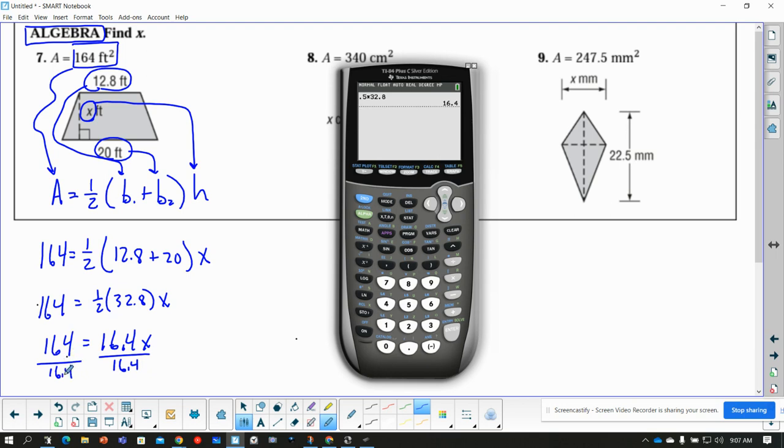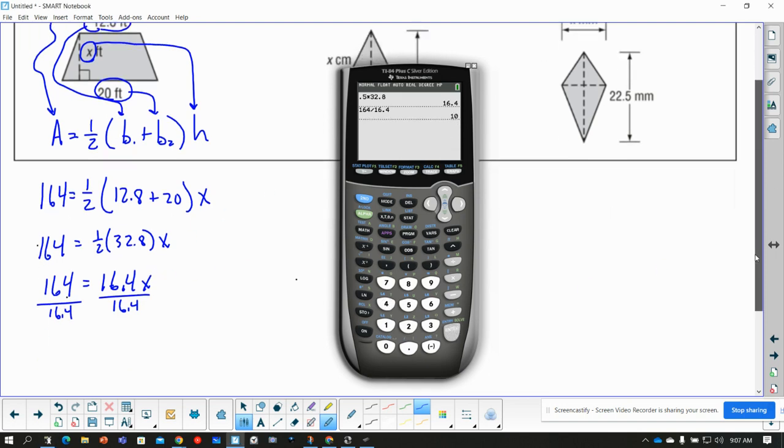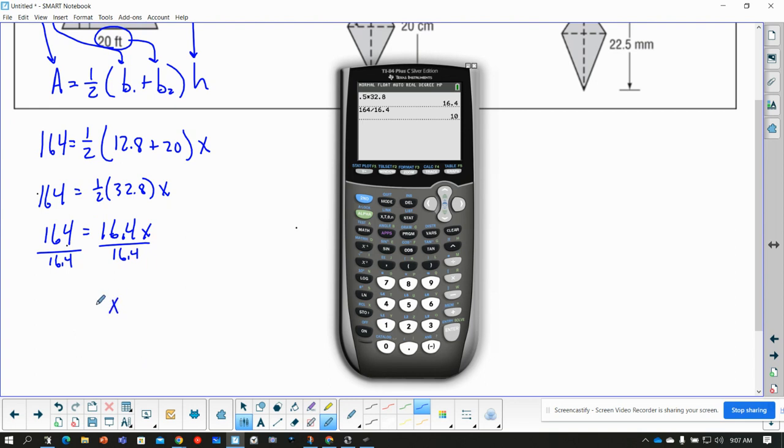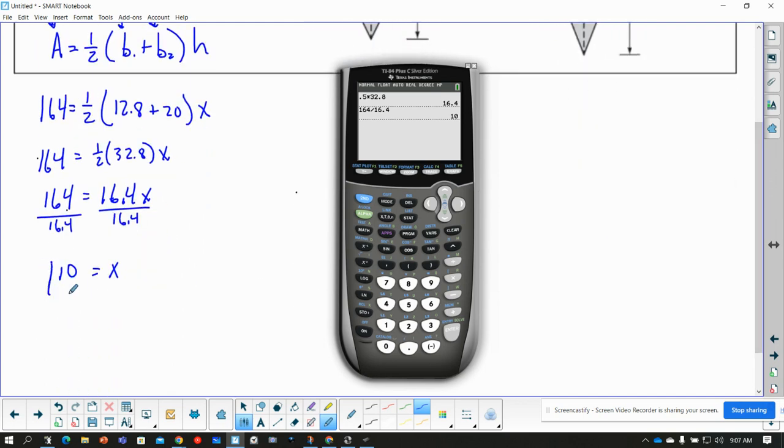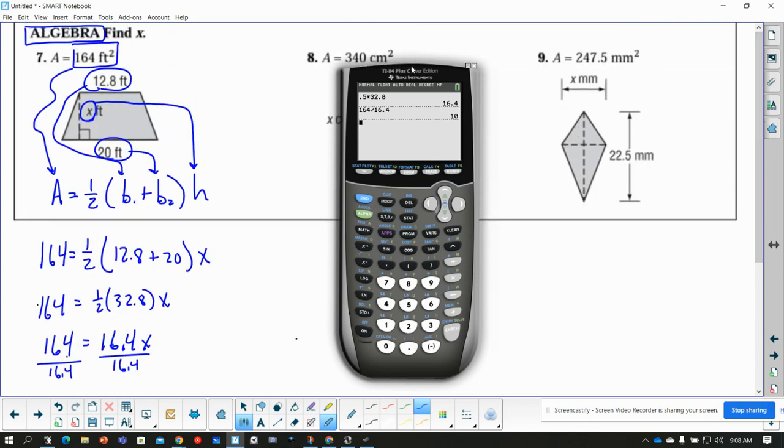So 164 divided by 16.4 is 10. So the answer to this first question, x equals 10. It was the height, and if you look back at it, it was feet. So x equals 10. You can just put this down since it all says to solve for x.